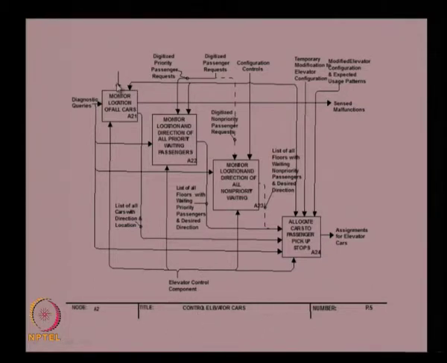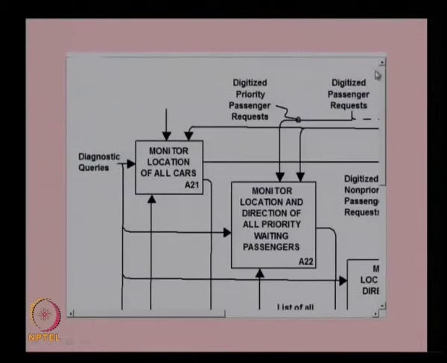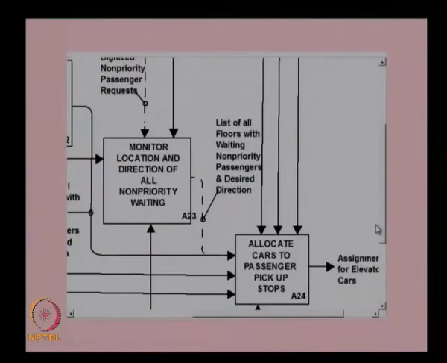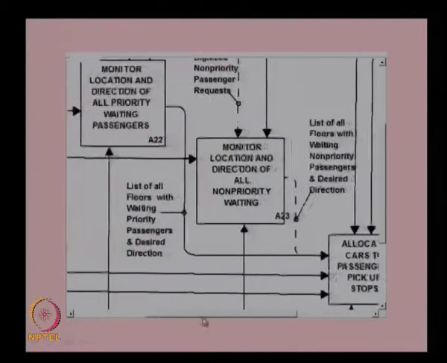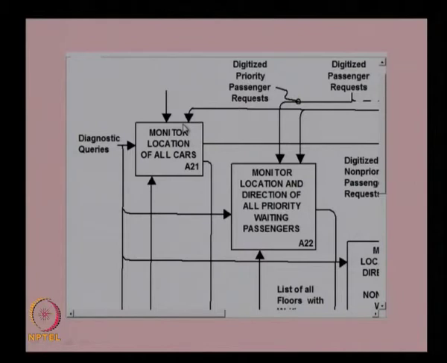So the first function is monitor location of all cars. Let us see the input and output of this function. The diagnostic queries will be there, and the inputs will be coming from the passenger, including the output from allocate cars to passenger. That information will also be going to monitor the location of the cars.